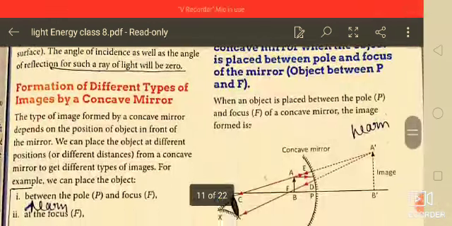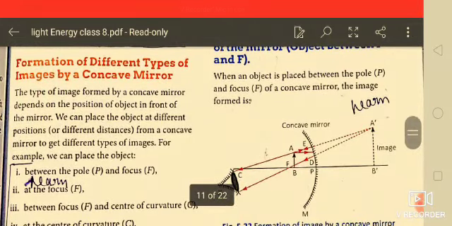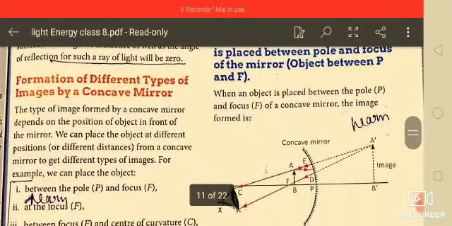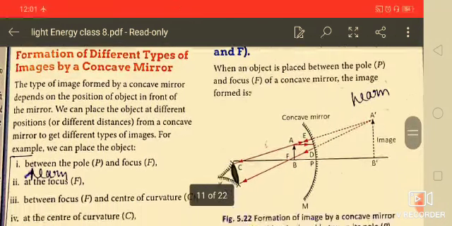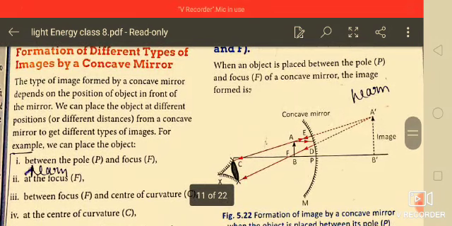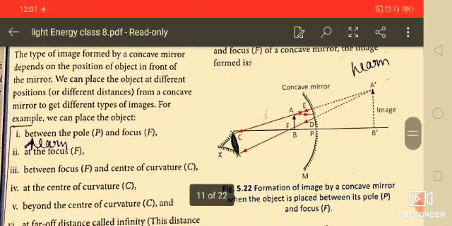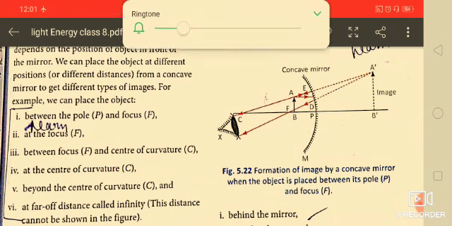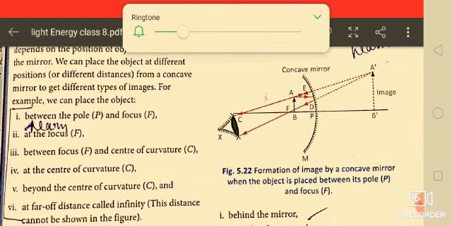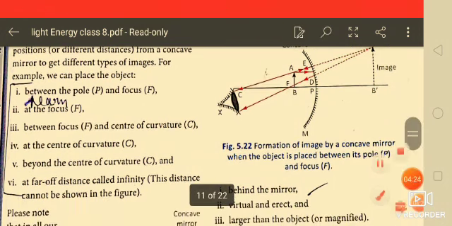Now next is the formation of different types of images by concave mirrors. Students, it is most important to understand this topic of reflection of light. Okay. So see here, the type of image formed by the concave mirror depends on the position of the object in front of the mirror. We can place the object at different positions from a concave mirror to get different types of images.